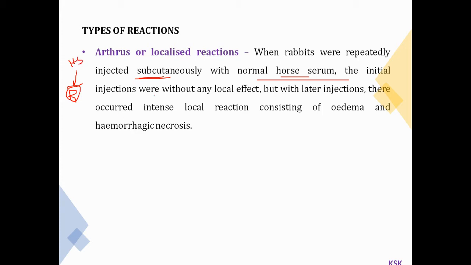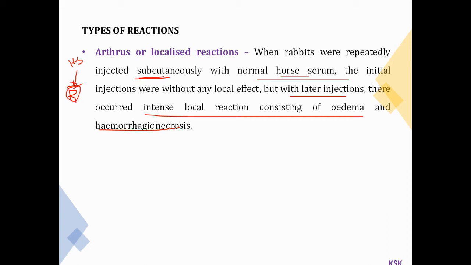The initial injections are without any local effect. When we give it initially, there is no effect on the skin or any localized action. But with later injections, if we continuously give injections of horse serum to the rabbit, an intense local reaction occurs, consisting of edema and hemorrhagic necrosis.